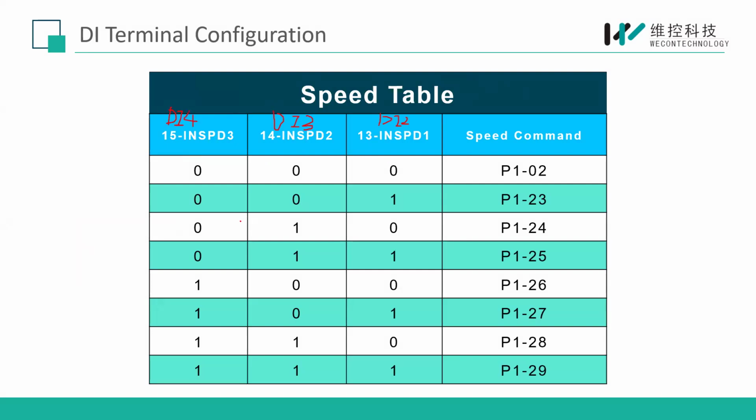Now, if DI2 is 0, DI3 is 0, and DI4 is 0, this means the speed command is speed 1.